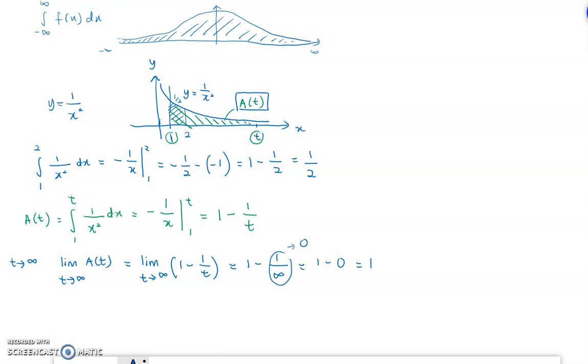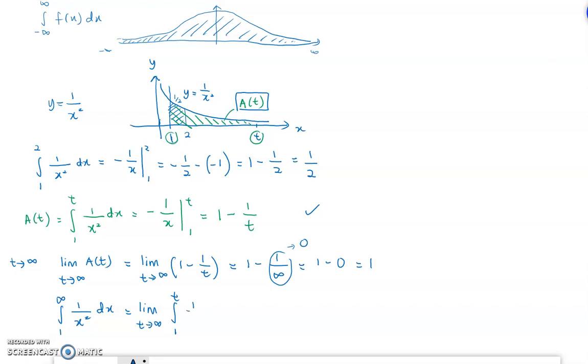So we can rewrite the integration of 1 over x squared from 1 to infinity as a limit, from 1 up to t, where t is approaching infinity.